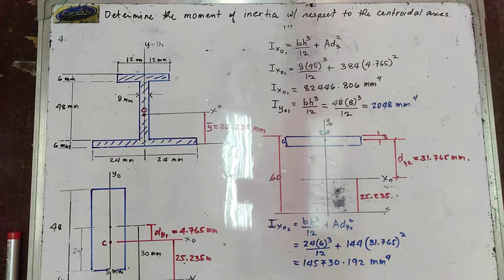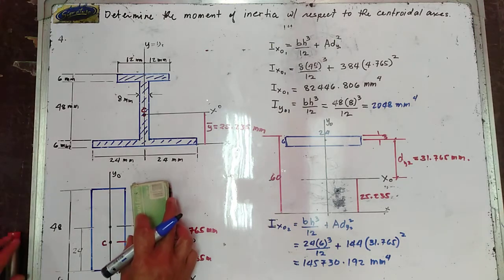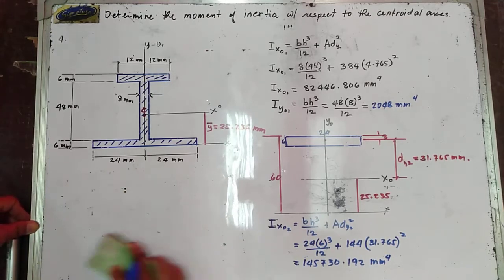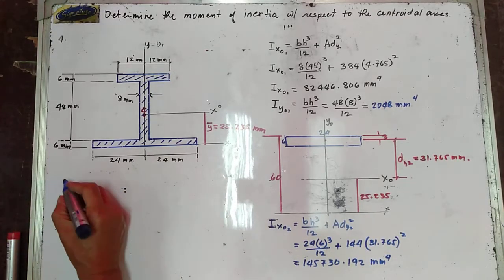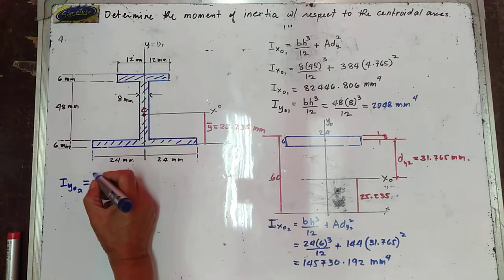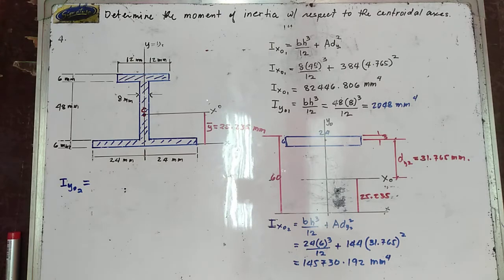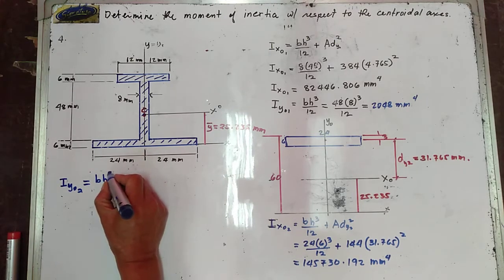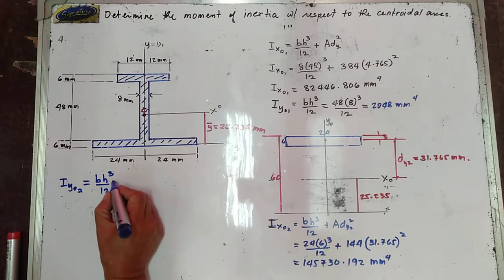Now, let us try to determine your IY2, since again, it lies within the centroid. So this is bh cubed all over 12.